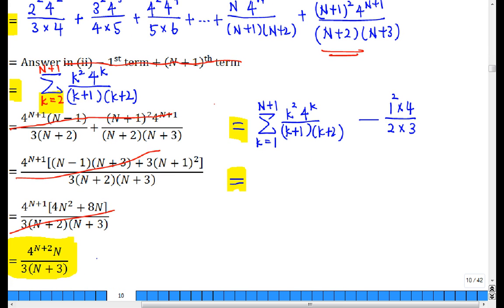Okay, so it's 1/3. I just change the small n to big N plus 1. Then you realize that this is a plus 2/3 minus 2/3. It goes. Then you will get this answer.